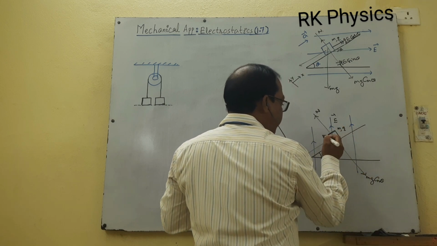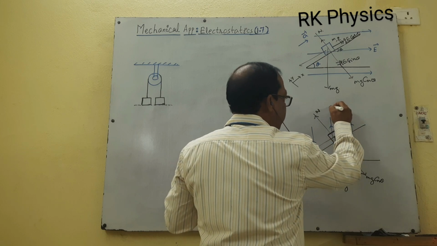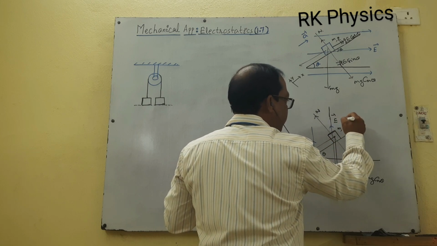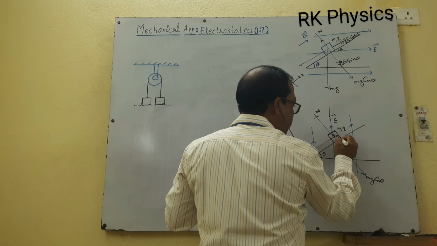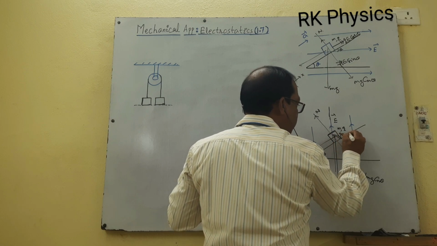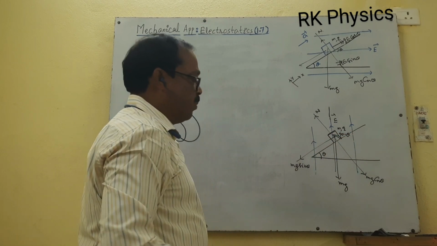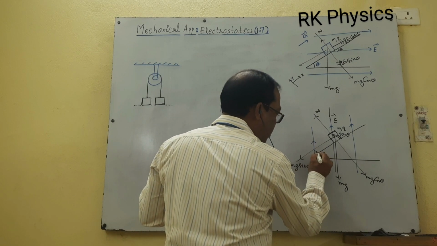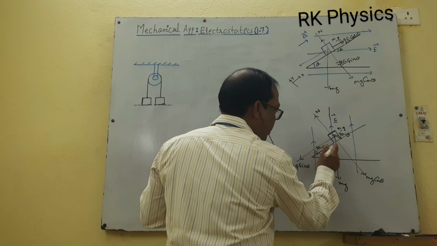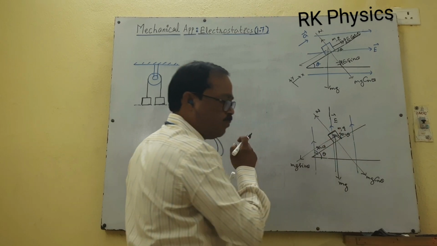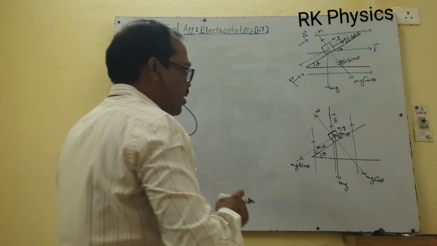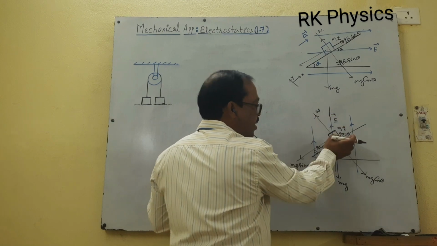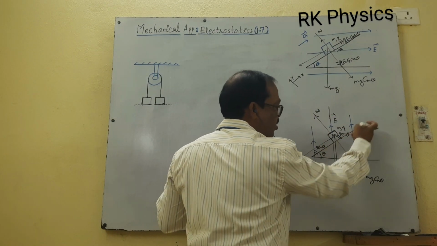Now, mark the angle between the direction of the electric field and the incline. This angle is 90 minus theta. By geometry, if this is angle theta, this angle is 90 minus theta. These angles are the same as per the geometry. Therefore, E makes an angle 90 minus theta with the horizontal.